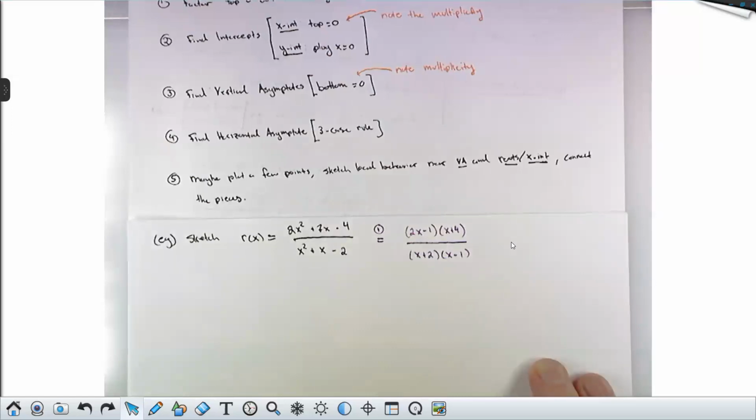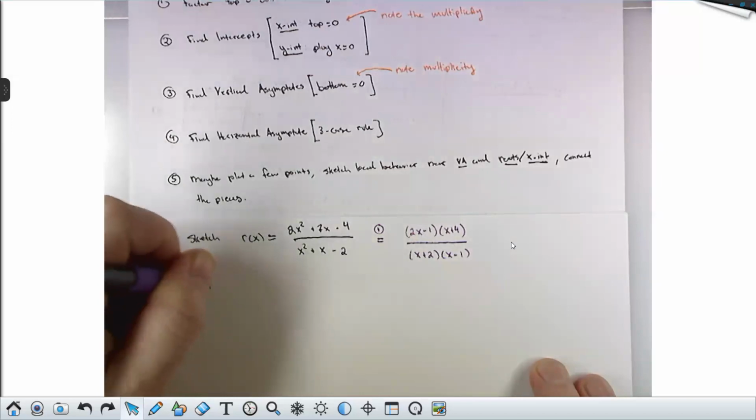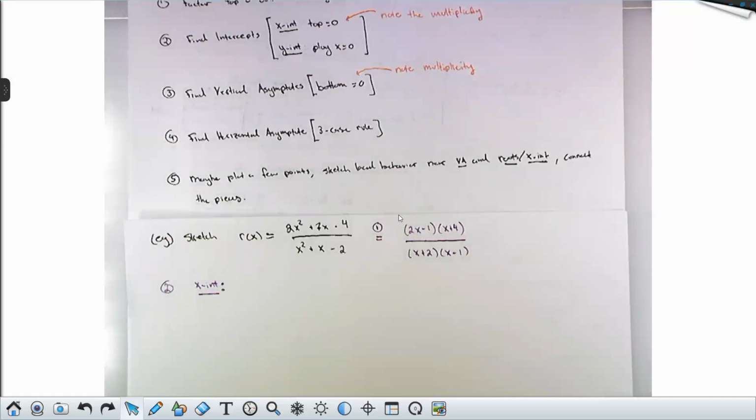So now I go hunting for my intercepts. The x-intercepts come from setting the top equal to 0. Okay, well, where is the top equal to 0? I have the top factored here, so we don't need to do any separate equation solving. Just tell me, when is this top equal to 0? 1/2 and -4.